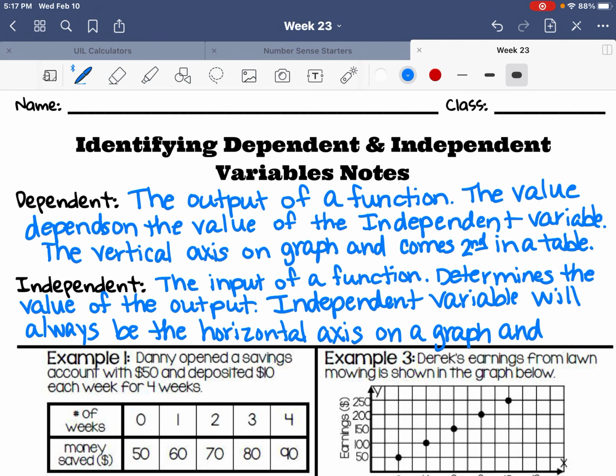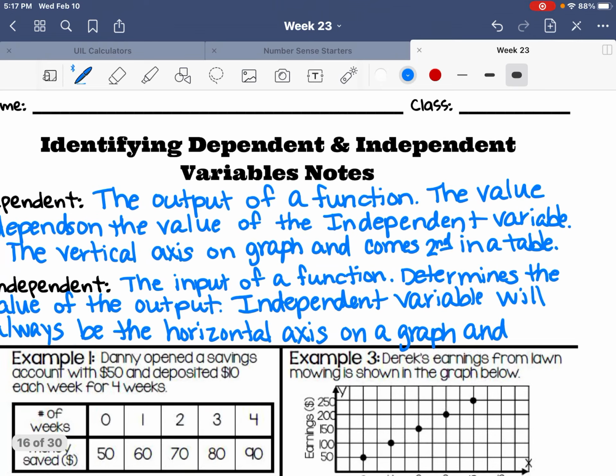I don't think I have room to write all that. In a table. Wow, I should have written smaller.